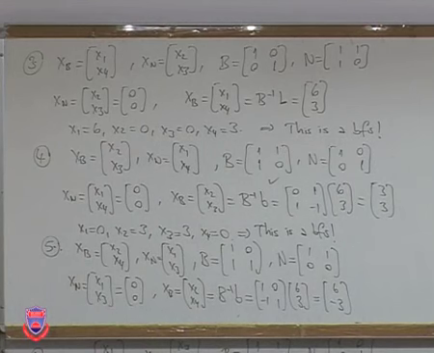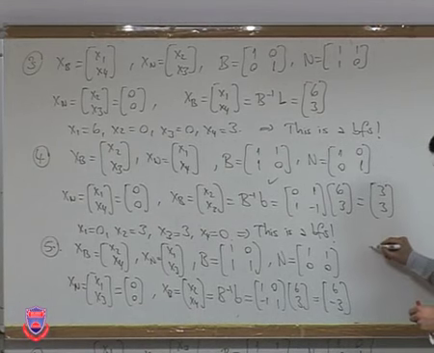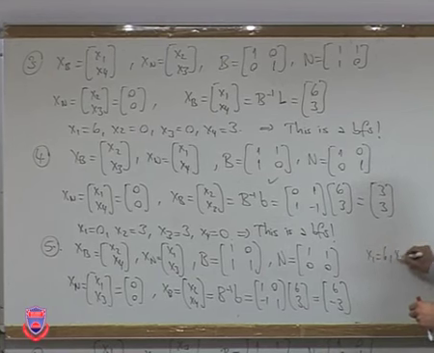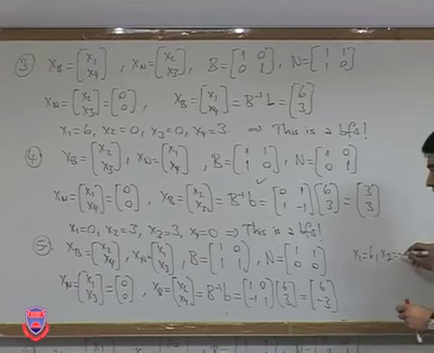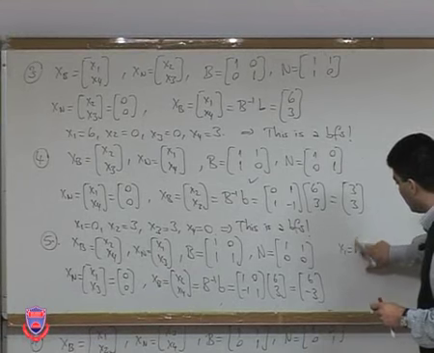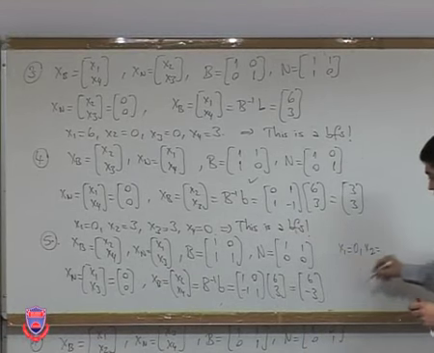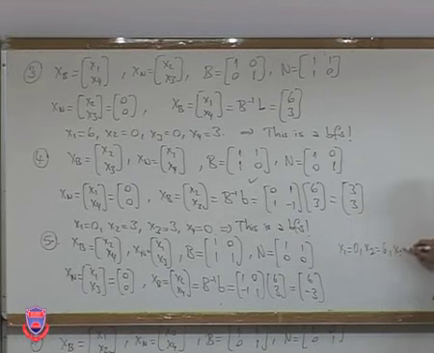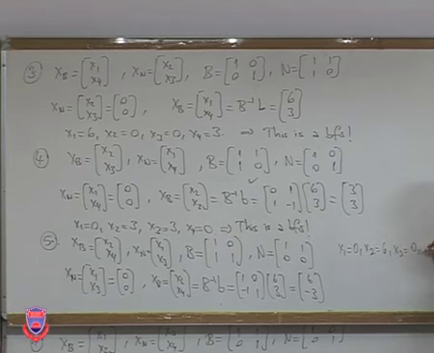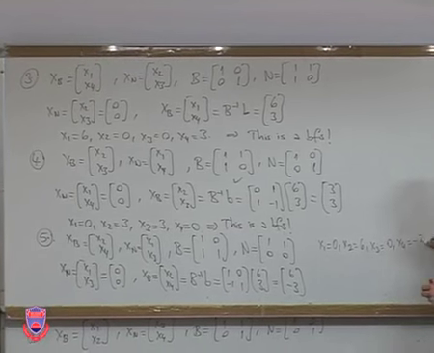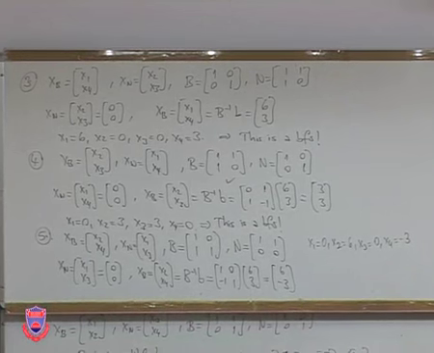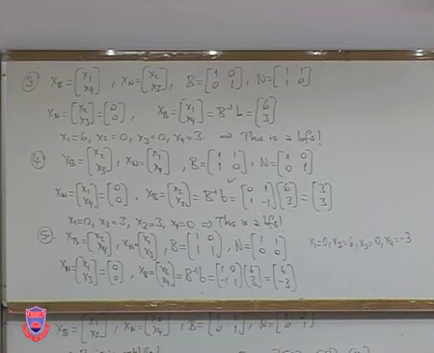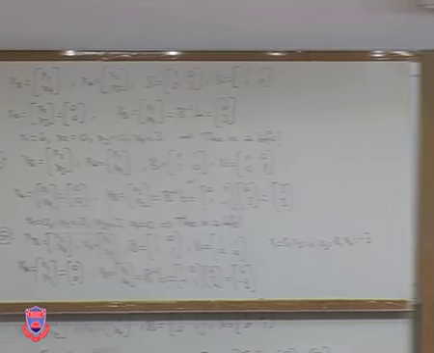Well, so what's my corresponding solution? x1 is equal to 0. Okay. x2 is equal to 6. x3 is equal to 0. And x4 is equal to minus 3. Well, is this a feasible solution? No, it's not a feasible solution because the x4 component actually violates this requirement, right?